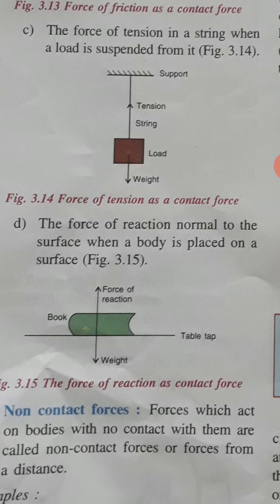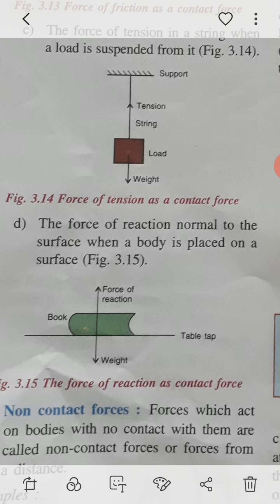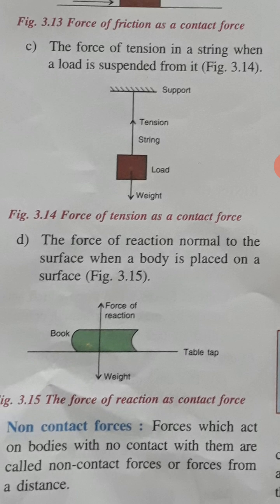As a reaction to this, there is another force which acts on the string in the upward direction, trying to act in the opposite direction of the weight. Weight is acting in the downward direction, but there is an upward force, the upward force in a string tied to a support.